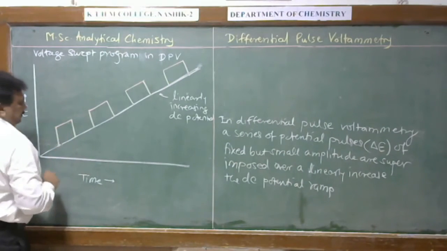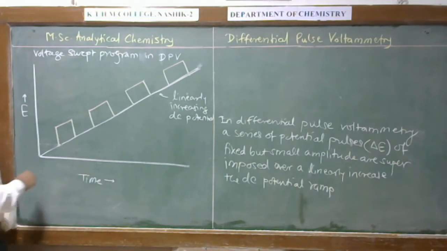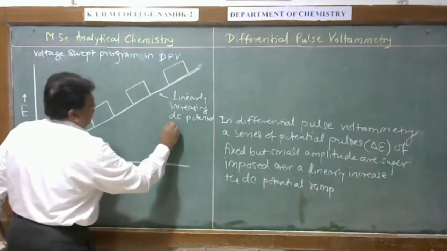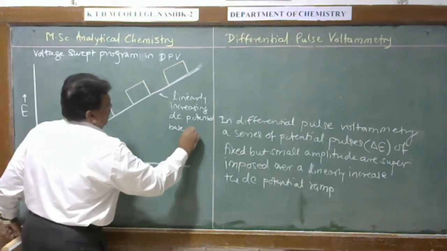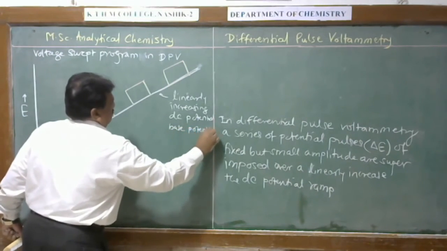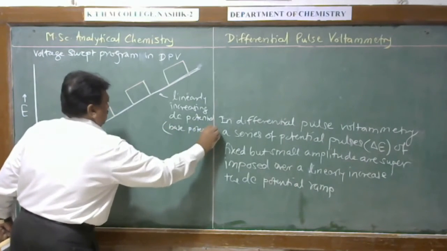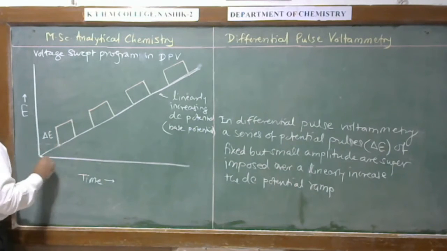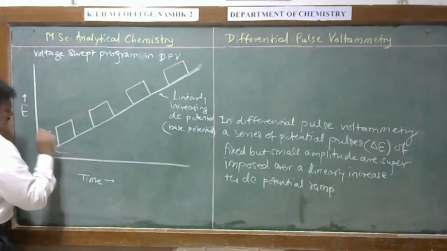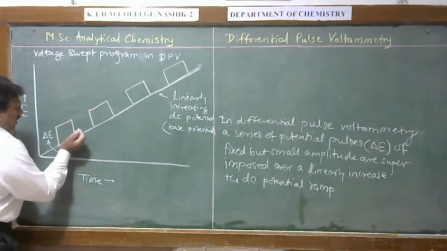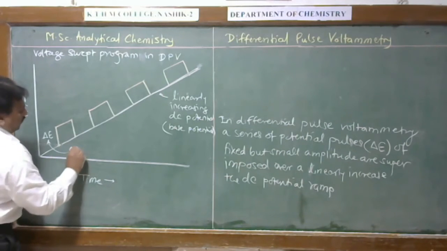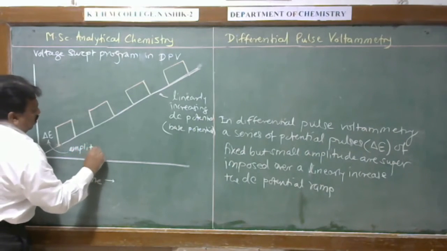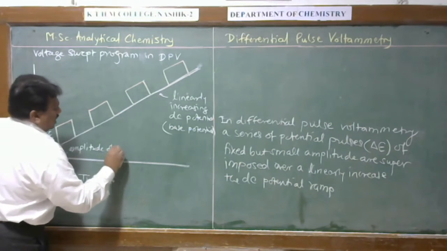In this case, this is a base potential. Here, this is a delta E, that is a magnitude, or we can say amplitude of pulse.